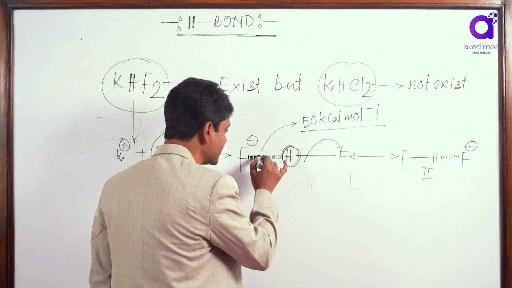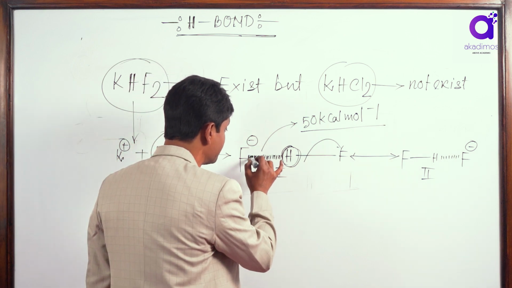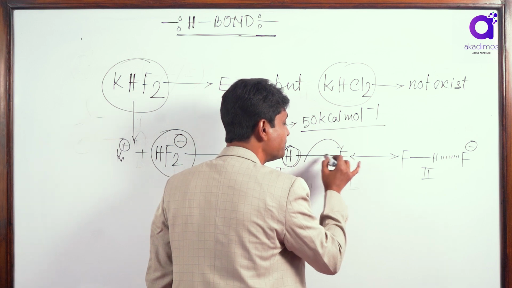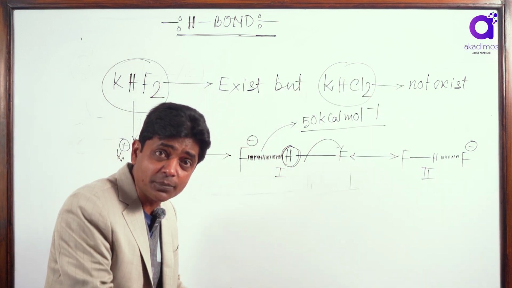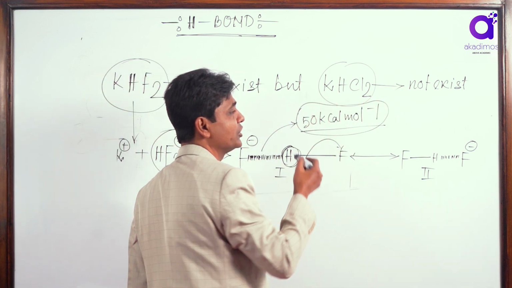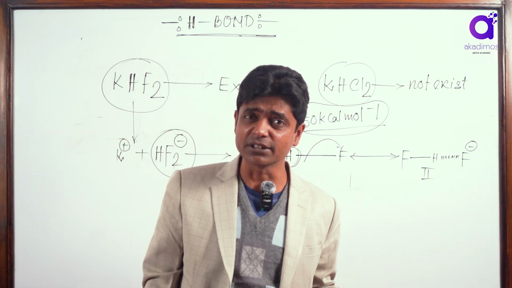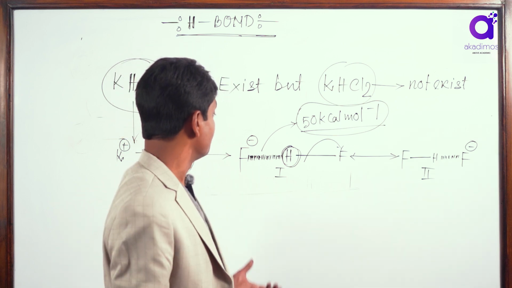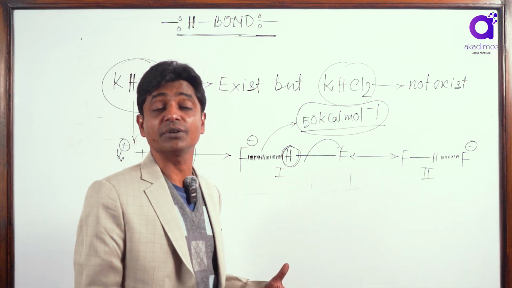That means this bond is not 100% hydrogen bond. This is 50% hydrogen, 50% sigma. This is also 50% sigma, 50% hydrogen. Due to the inclusion of sigma character, its energy is 50 kilocalorie per mole or 210 kilojoule per mole. Remember, questions will come on the maximum energy associated with hydrogen bond, which you get in HF2 minus.